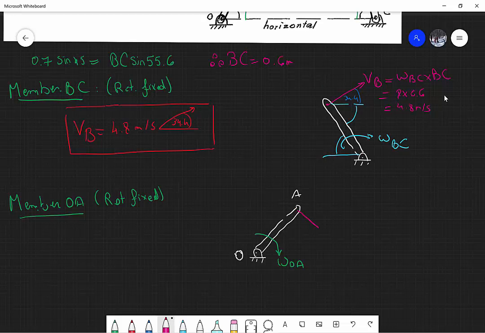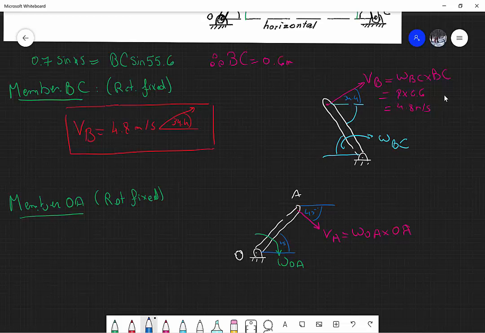The VA is going to be perpendicular in this direction. This is the VA, and the VA is equal to omega OA multiplying OA on which angle? This angle was 45, so it's going to be over the 45-degree angle, because this was 45 as well.